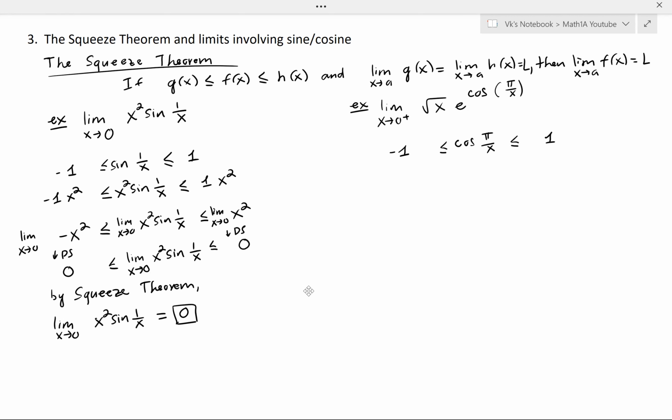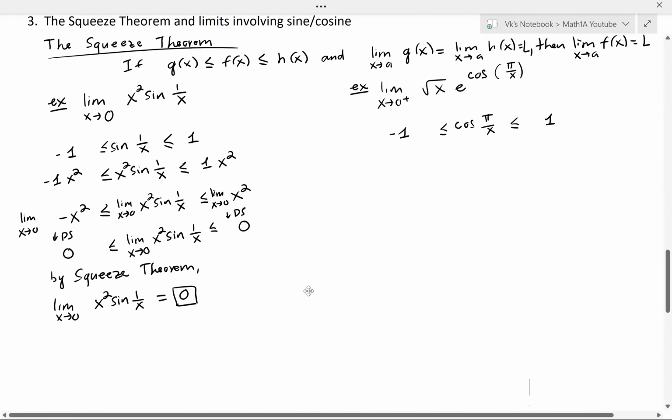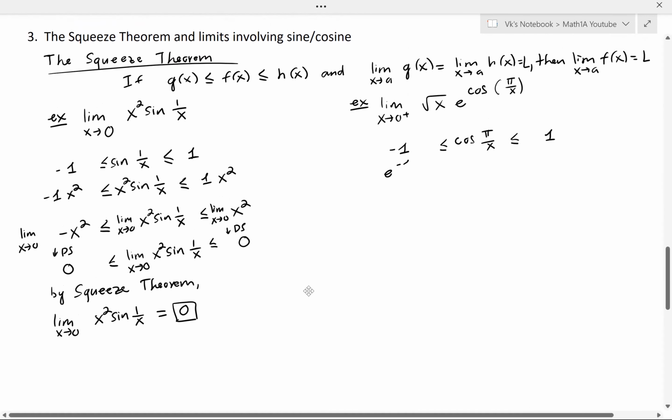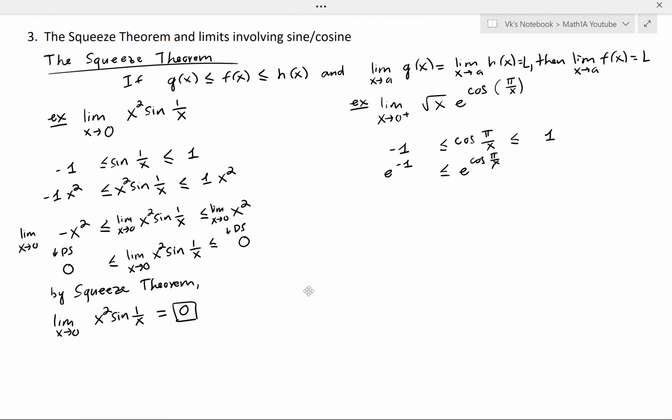Same trick. Next, we take e to the -1 less than or equal to e to the cosine of pi over x less than or equal to e to the 1. And we multiply by root x: root x e to the -1 less than or equal to root x e to the cosine of pi over x less than or equal to root x e to the 1.